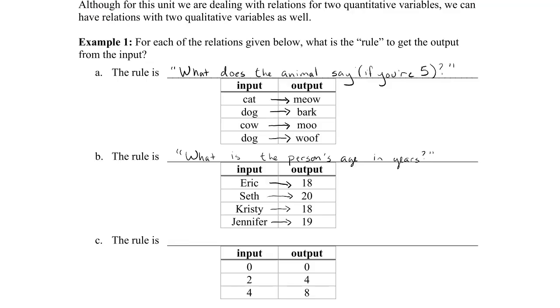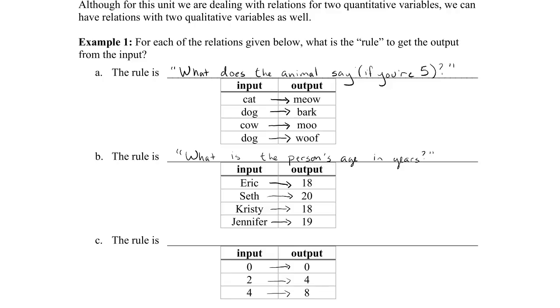This last example, we have actual numbers, right? So I think it's going to be easier to figure out what the rule is here. The input 0 gives the output 0. The input 2 gives the output 4. The input 4 gives the output 8.